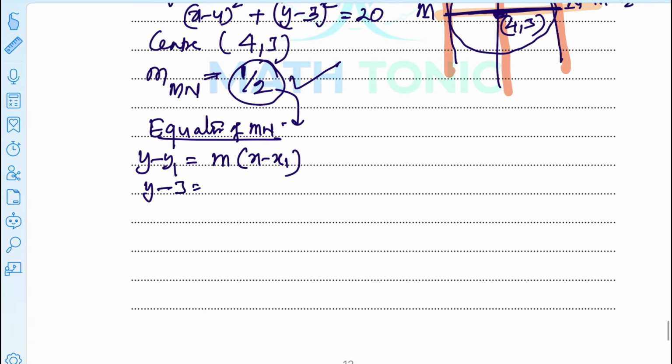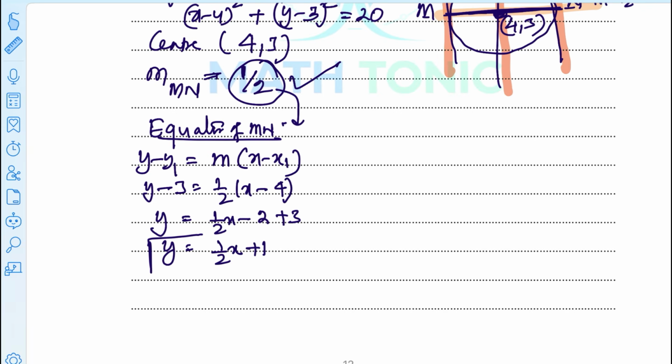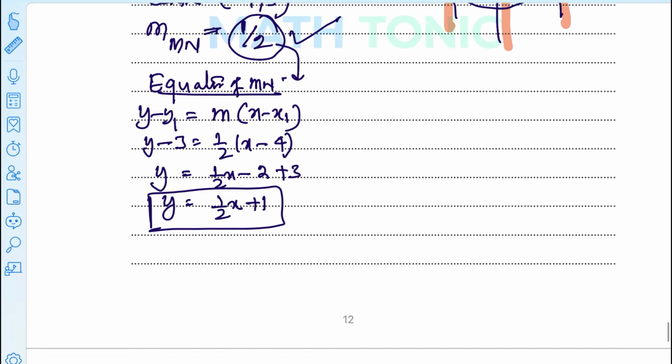So y minus 3, m we got half, and we have x minus 4. So it is y equals half x minus 2 plus 3, right? So y equals half x, 3 minus 2, that is plus 1. So we can say y equals half x plus 1. Is it okay?